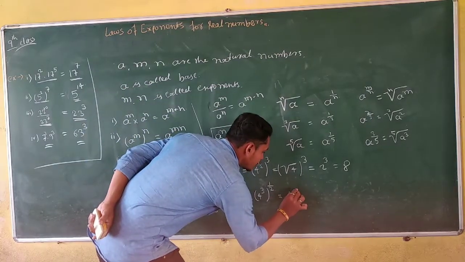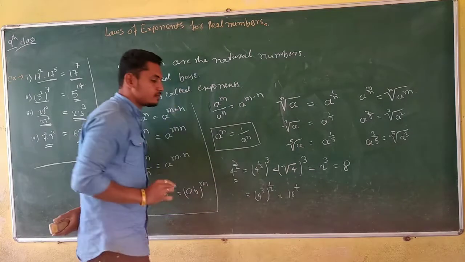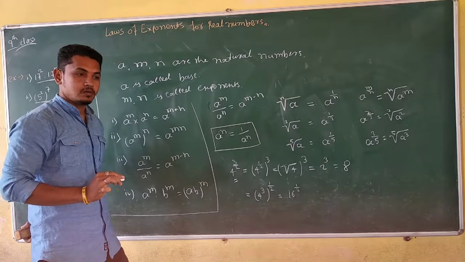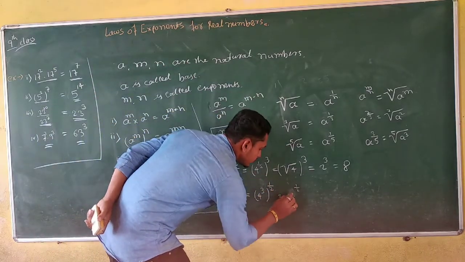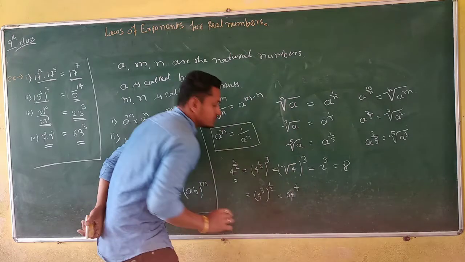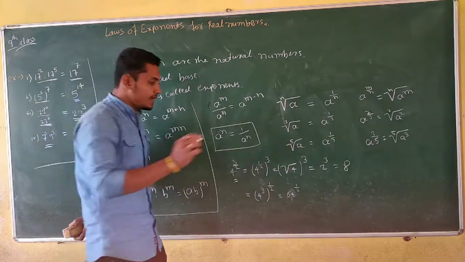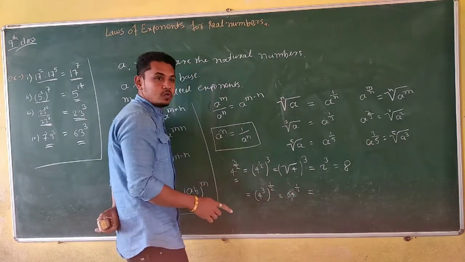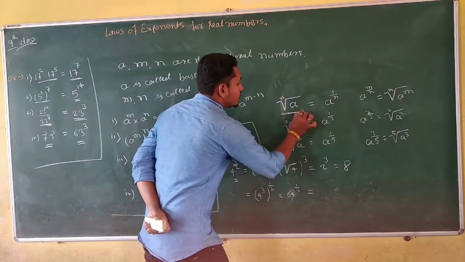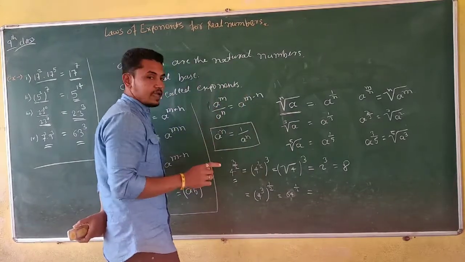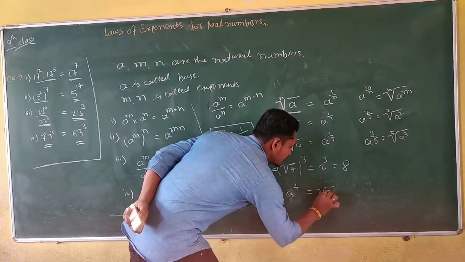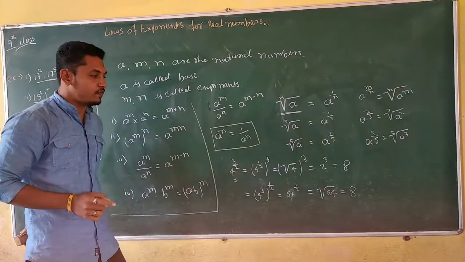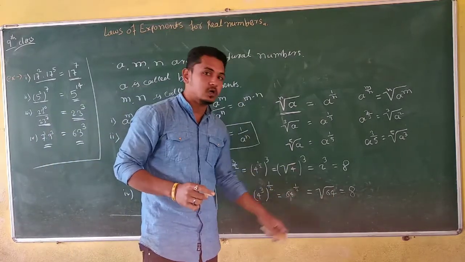So 64 to the power 1 divided by 2 is related to this identity, the nth root of a, which means here the square root of 64 is equal to 8. Is it right? 8 times 8 is 64. So therefore the square root of 64 is equal to 8.